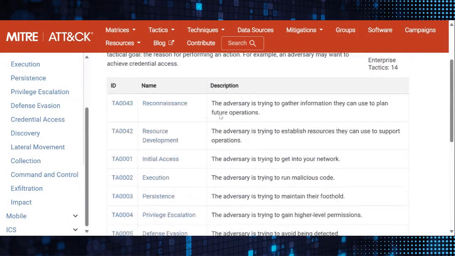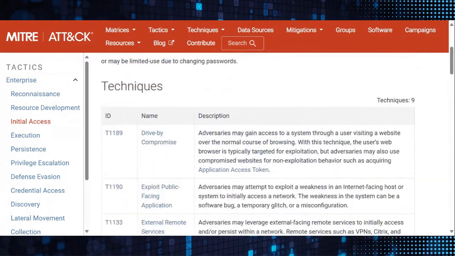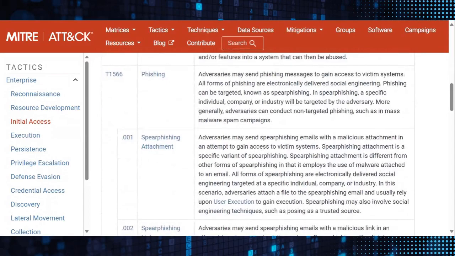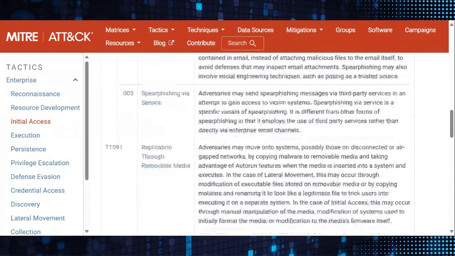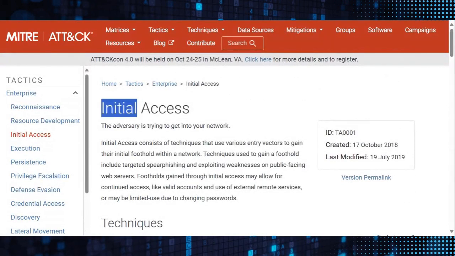And inside all of these tactics is where MITRE ATT&CK stands. Inside every tactic, MITRE ATT&CK collects all the techniques observed being used by threat actors in the wild to achieve that tactic. Here we have initial access, which is the first real stage where the attacker starts interacting with the victim.